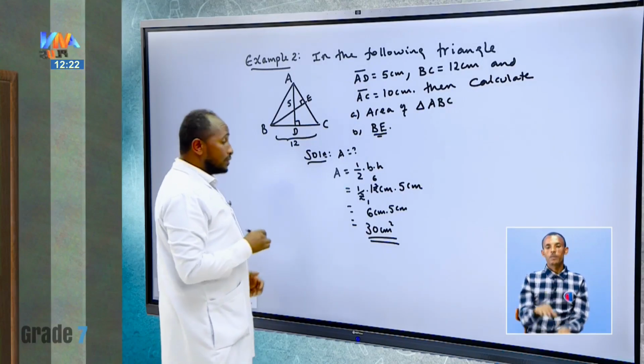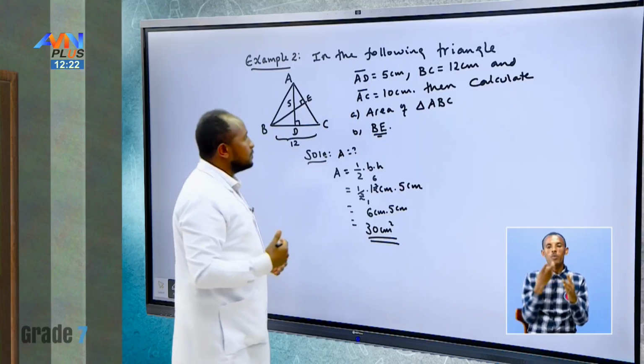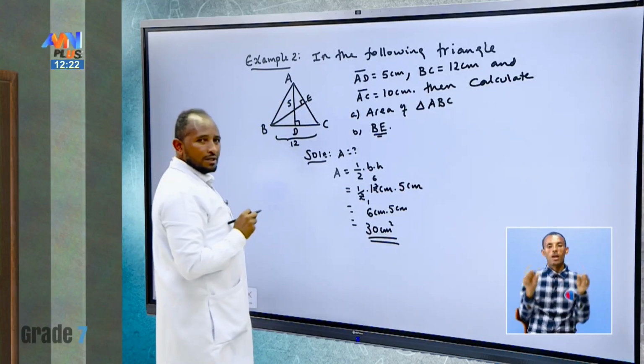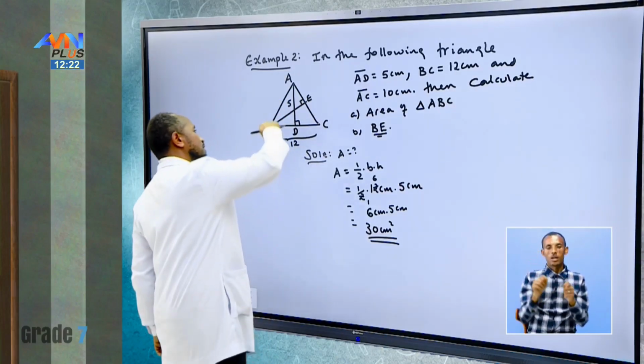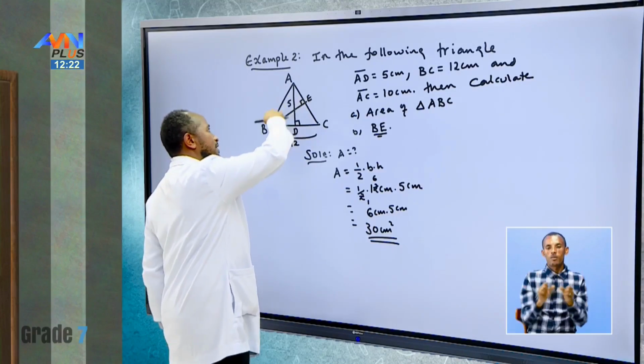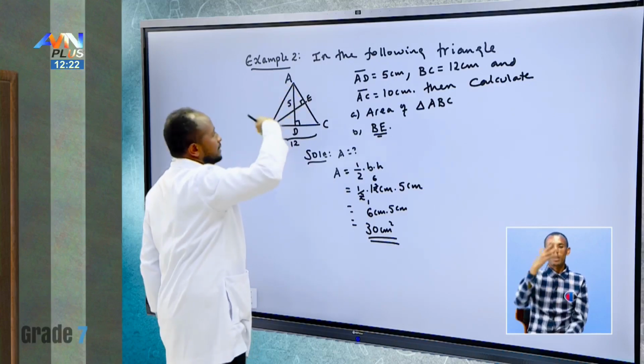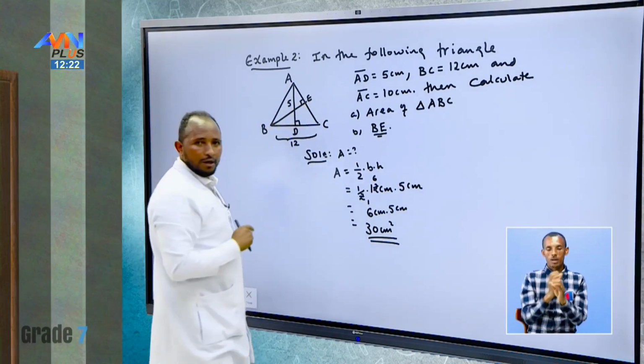So to calculate length BE, since we know the area of this triangle, using that and using the formula to calculate the area of the triangle on the other side, or using this height and this side, we can calculate the length BE.